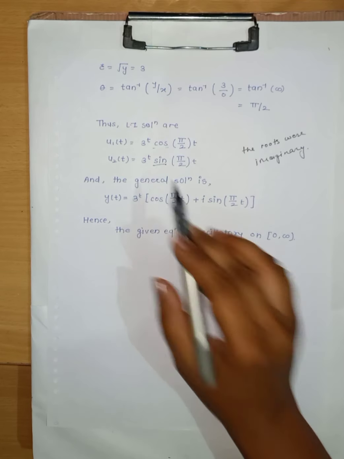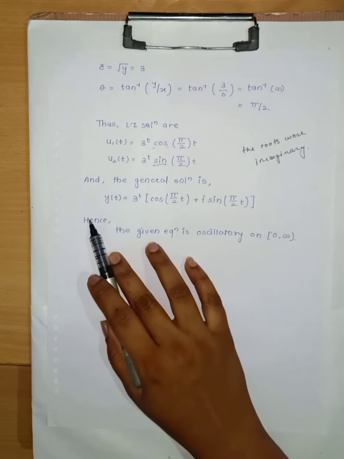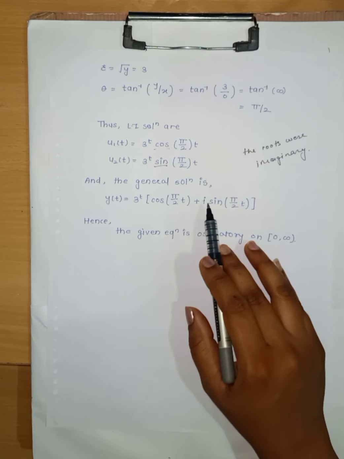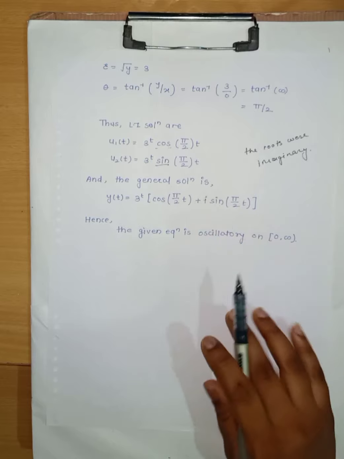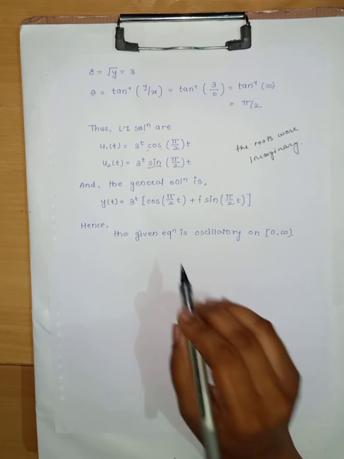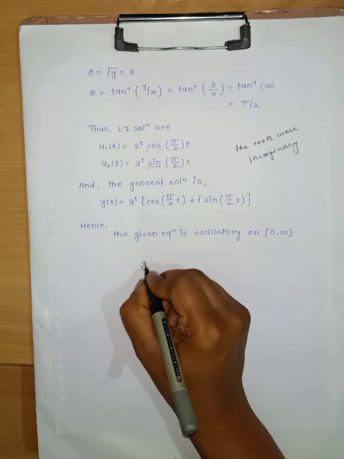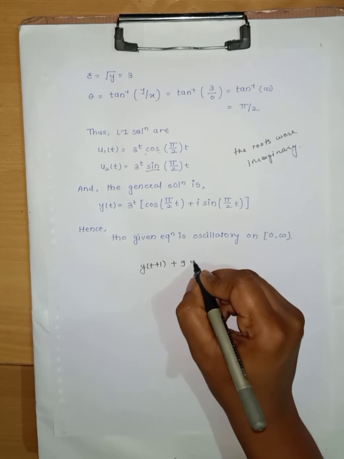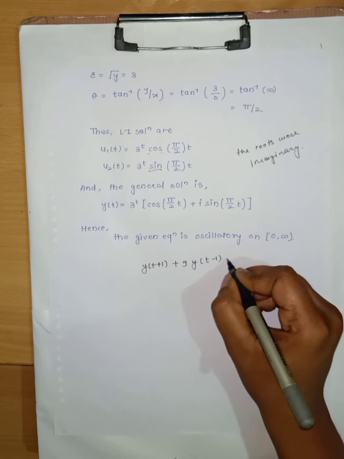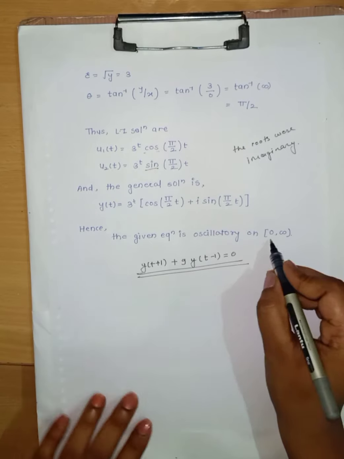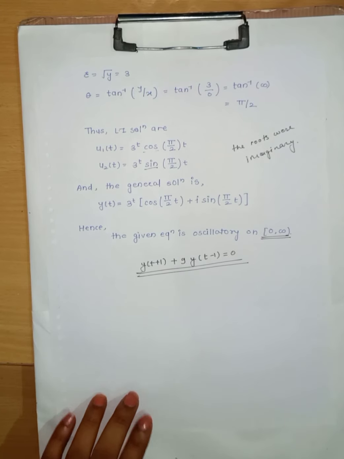Therefore we have cos and sine, and hence y of t equals 3 to the power t cos pi by 2t plus i sin pi by 2t is the general solution, and hence the given equation, that was y of t plus 1 plus 9 y of t minus 1 equals 0, is oscillatory on this given interval.